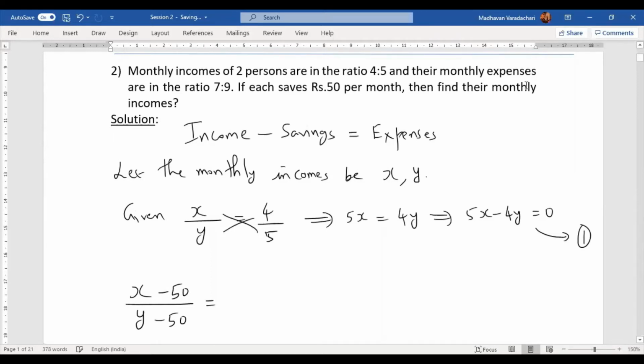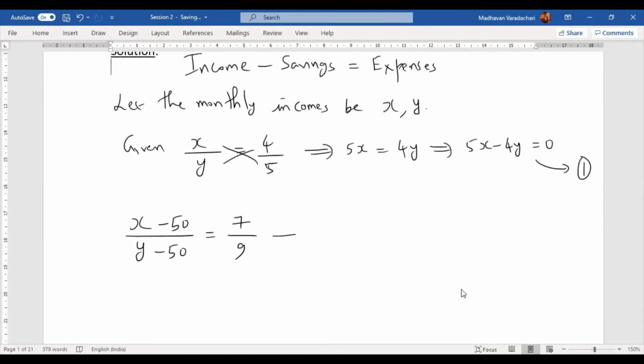That gives me a ratio of the expenses, that is 7:9, means (x minus 50)/(y minus 50) is 7/9. Now, from this, I can again cross multiply. 9 times x minus 50 means 9x minus 9 into 50 becomes 450 is equal to 7 times y minus 7 into 50. So it becomes 350.